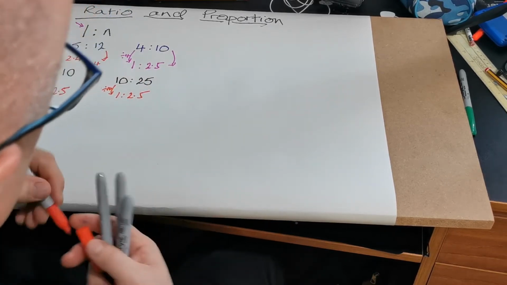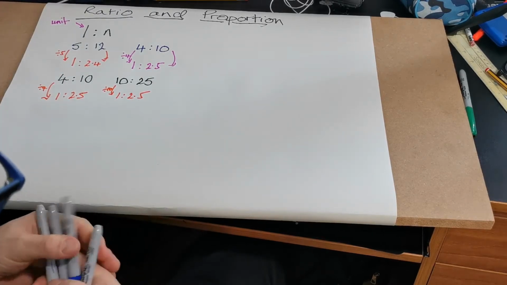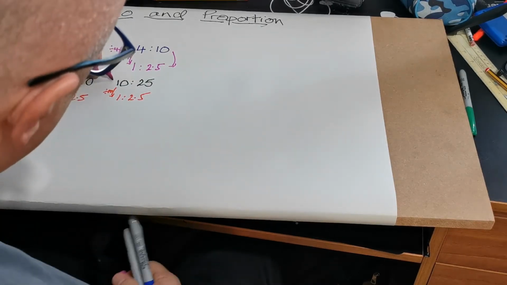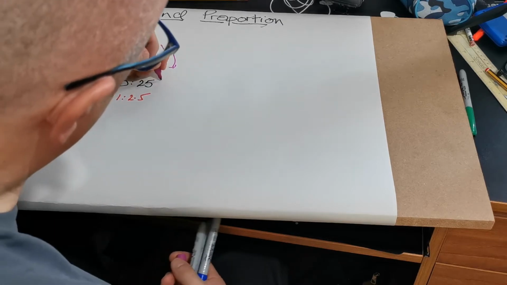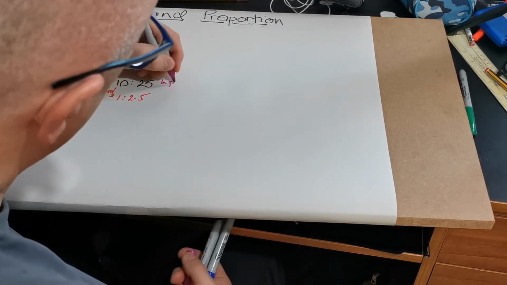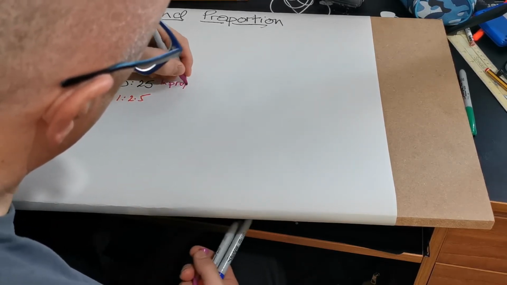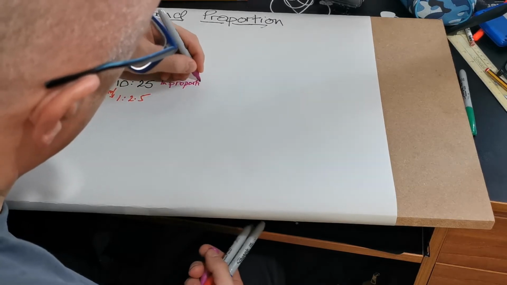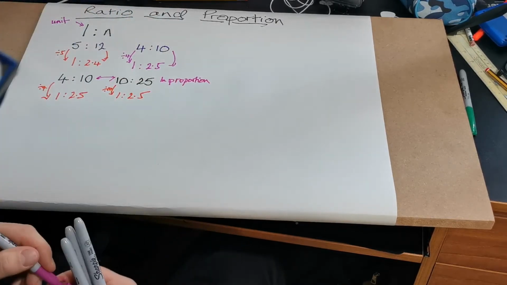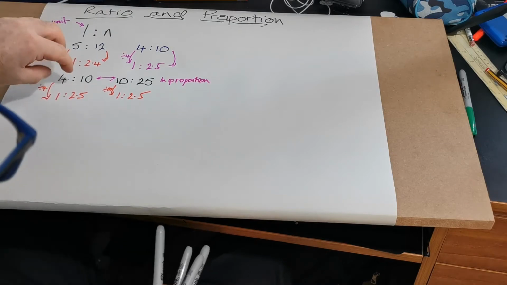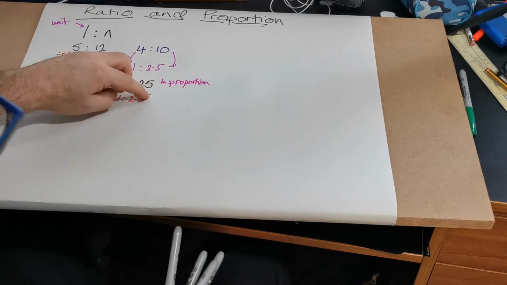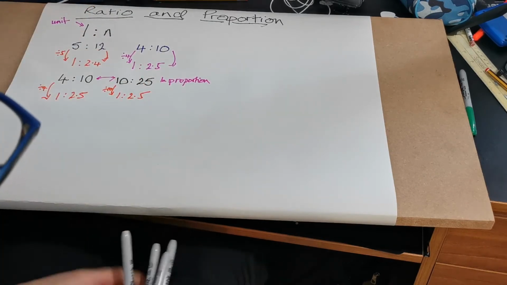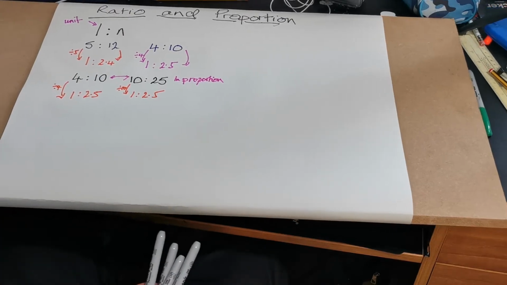Now they have the same unitary ratio, and we would say that these two ratios with each other are in proportion. So when two ratios can be boiled down to the same unitary ratio of 1 to something, then we would say that they're in proportion.